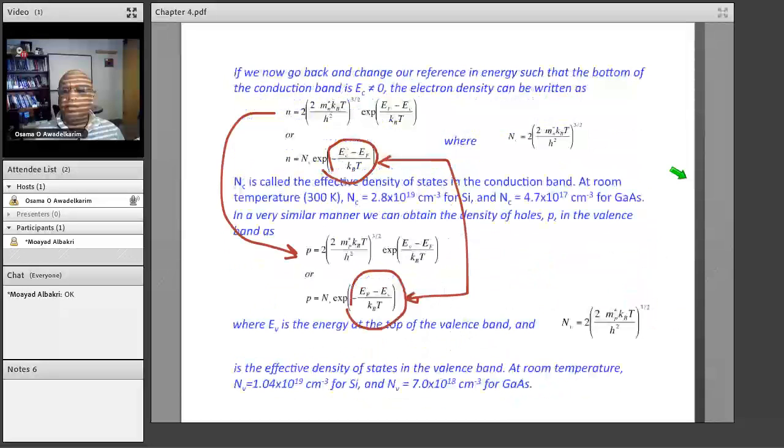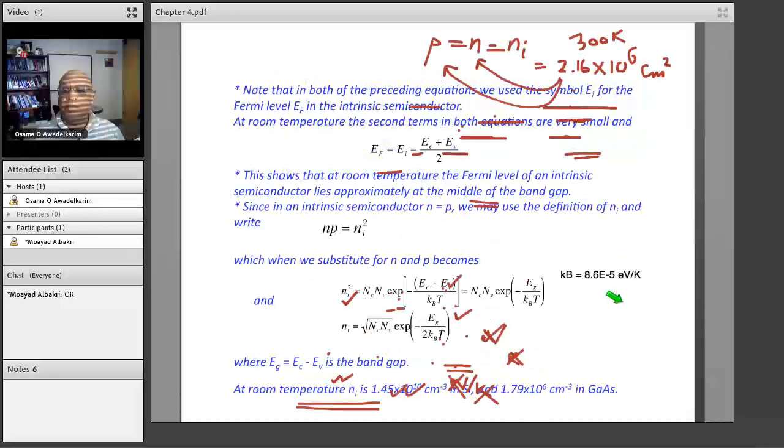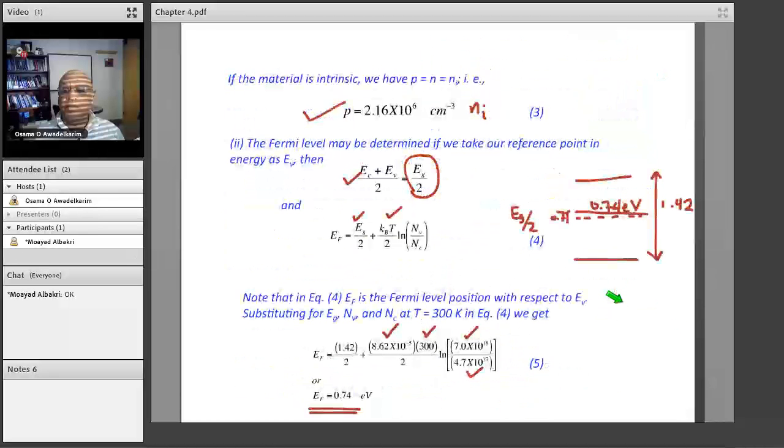If you go back all the way, this is NC, and you can see that this is the temperature to power 3/2, and this is your NV here, and this is the temperature to power 3/2. So NC is proportional to T to power 3/2, and NV is proportional to T to power 3/2. That's what I wrote here.